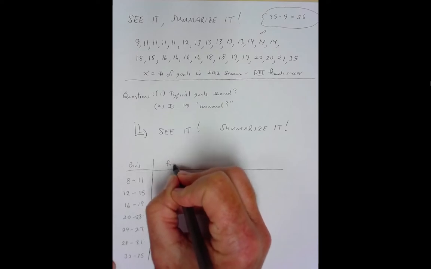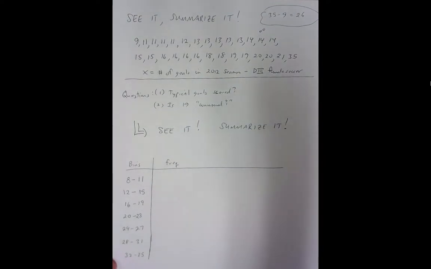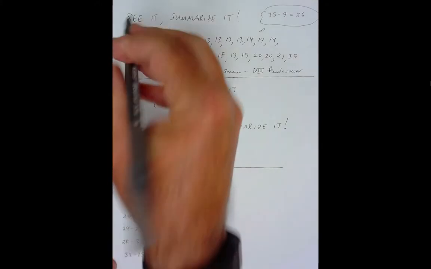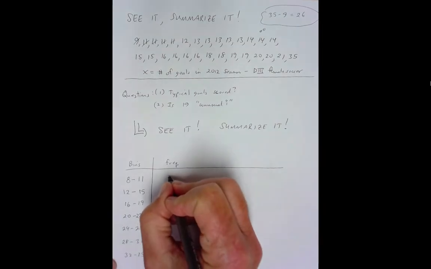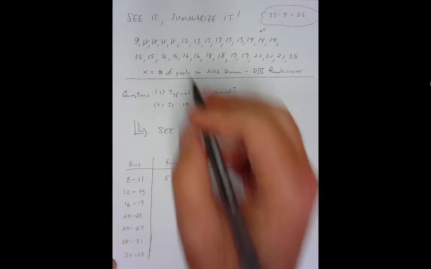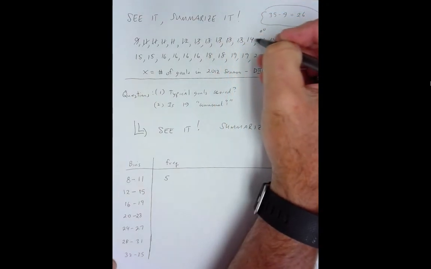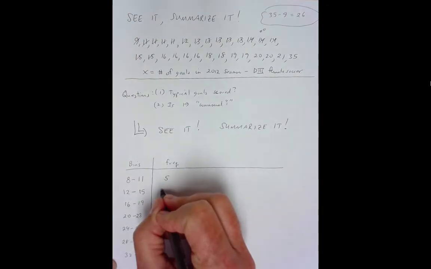The next thing I'm going to do is go through and just look at the frequencies. Okay, so from 8 to 11, I have 1, 2, 3, 4, 5 frequency. From 12 to 15, I have 1, 2, 3, 4, 5, 6, 7, 8, 9, 10, 11.